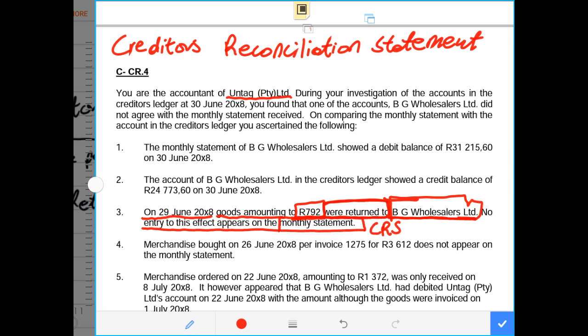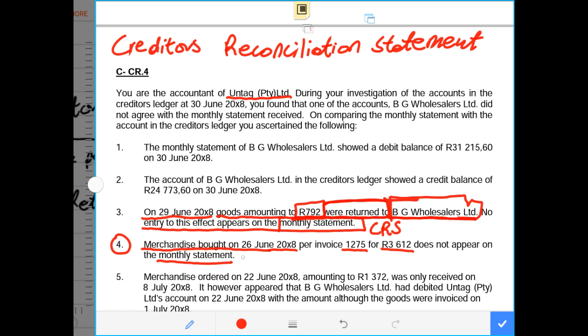Then we go to entry number 4, which says merchandise bought on the 26th of June 2008 per invoice 1275 for 3,612 does not appear on the monthly statement. So now we bought inventory on credit from BG Wholesalers, but this amount does not appear in the monthly statement, meaning the statement received from the creditor.